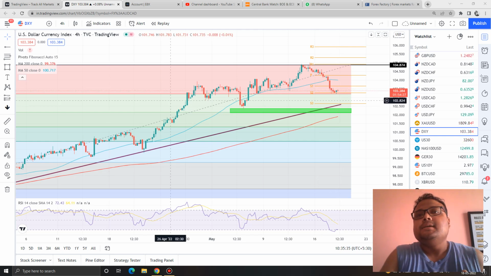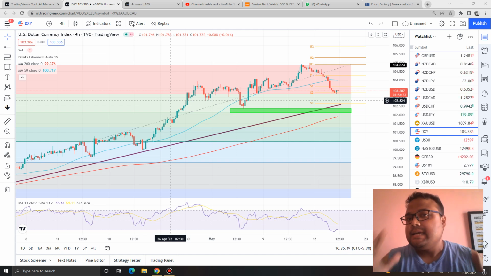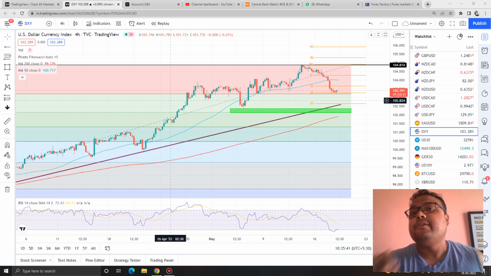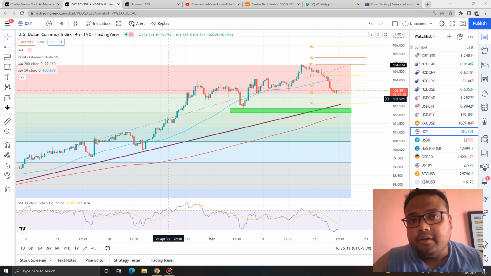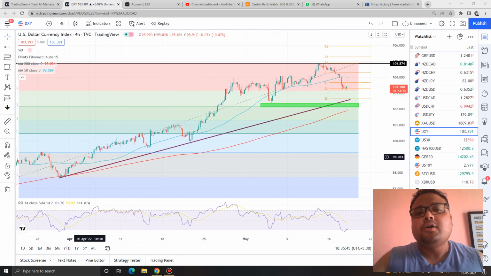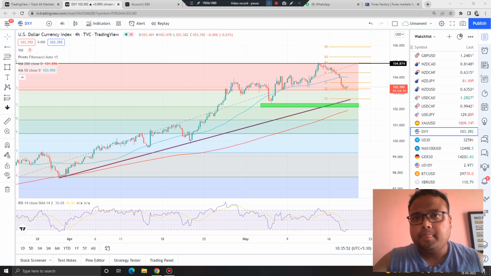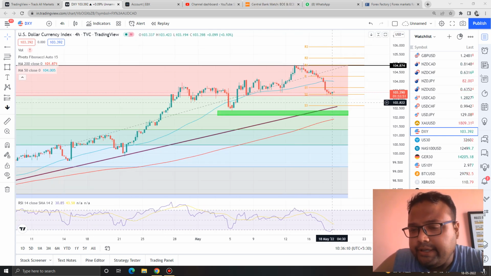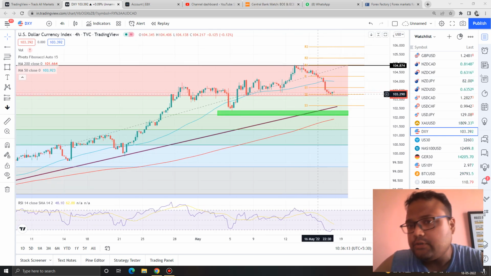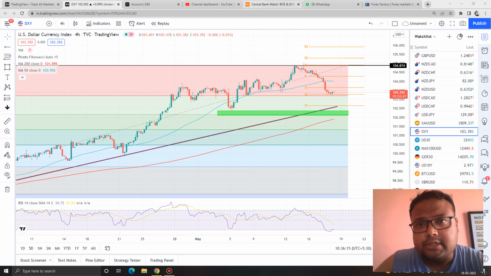Though we have seen some sort of correction on the chart of DXY, my dear friends, keep in mind that this is just a correction, not a trend reversal yet. If we look at the chart carefully, overall the market is still very much in an uptrend. Right now DXY is trying to bounce from the Fibonacci 23.6% retracement level.